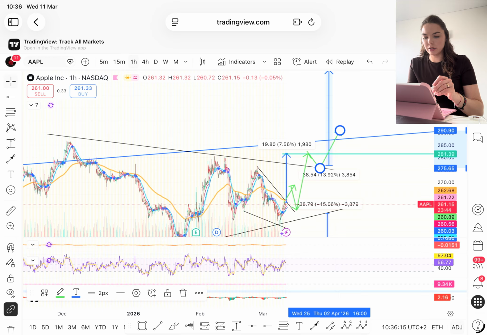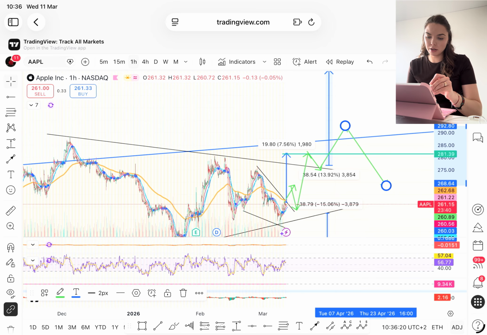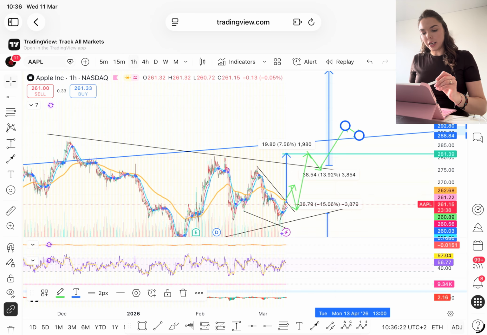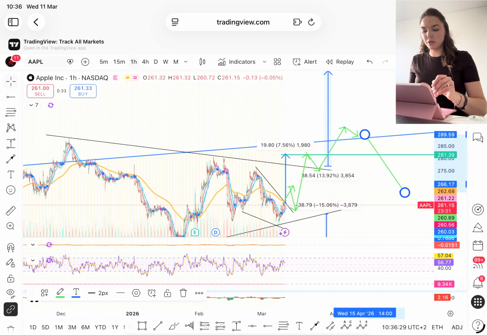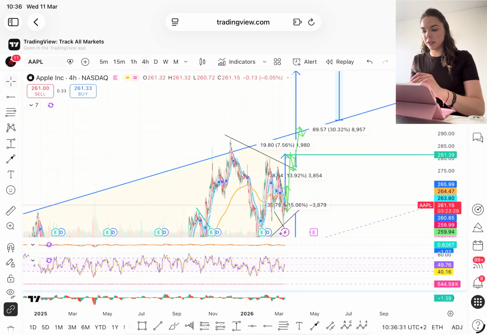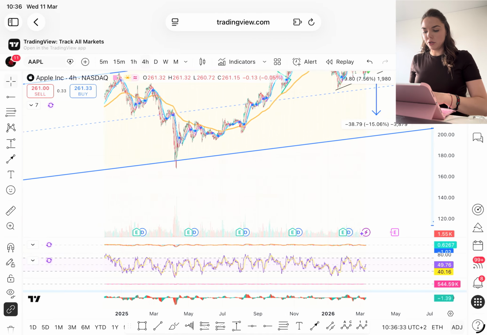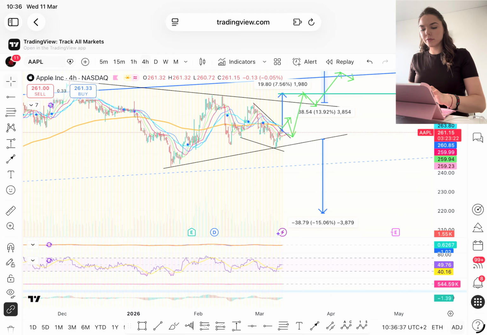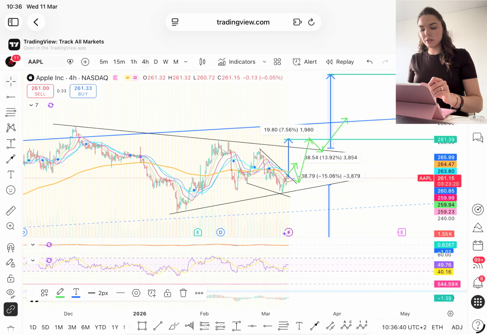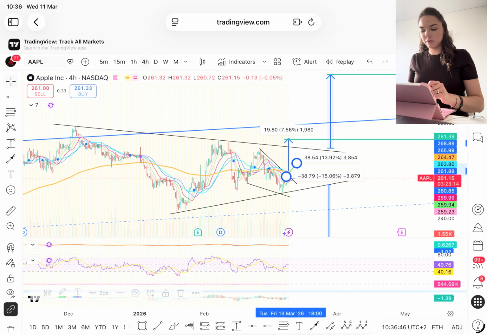We will test this channel again. Could be that we will go back after this channel, or we will test it again and then go up. But if we check previous periods, it seems like it will just be testing it. It's not going somewhere higher than this channel. But by the way, it's quite an interesting thing. Yeah, so this is what we have for Apple.